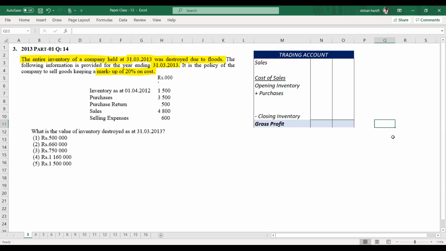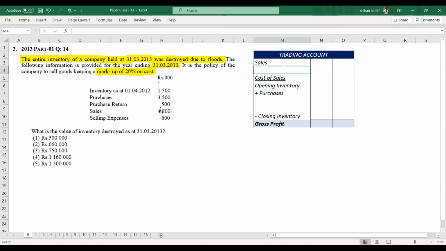The easiest way to calculate this inventory destroyed is by preparing a trading account.